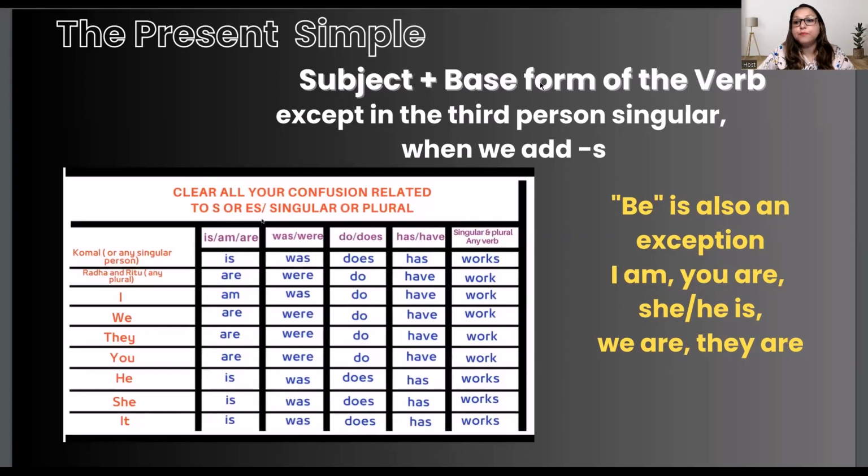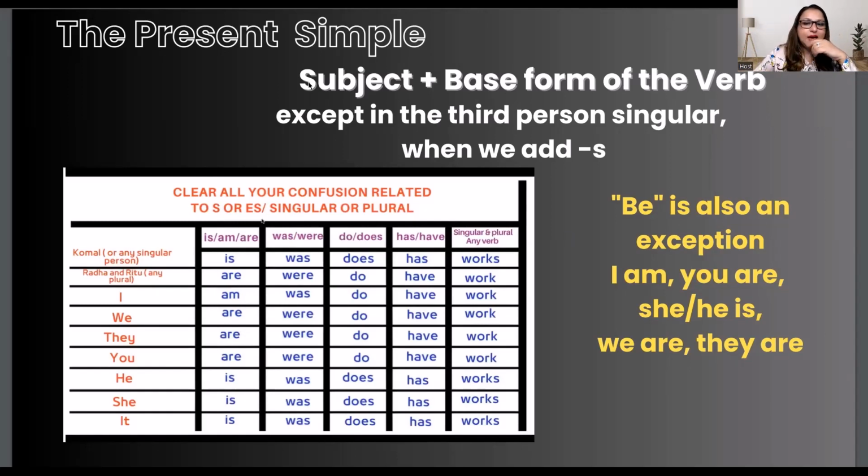Subject, base form of the verb. Base form of the verb, many of you might have studied in school like me, means that the base form of the verb is the first form of the verb, the second form of the verb is past tense, and the third form of the verb is past participle.